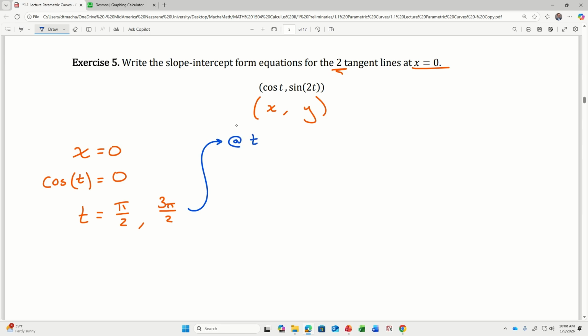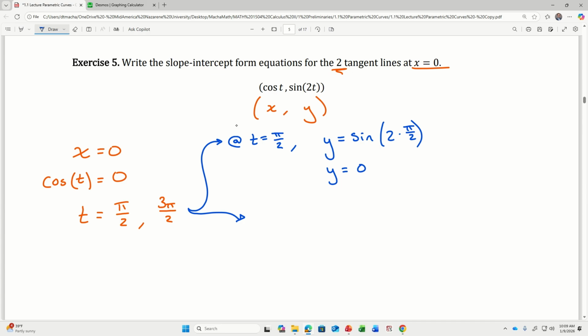At t equals pi over 2, y is going to be equal to sine of 2 times pi over 2, which means y is equal to sine of pi, which means y is equal to 0.